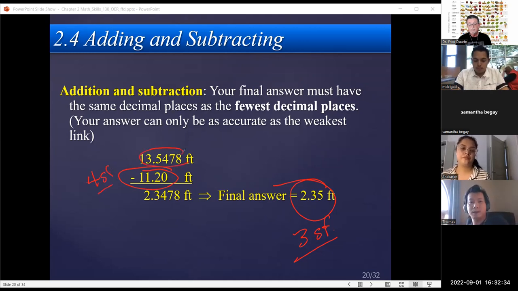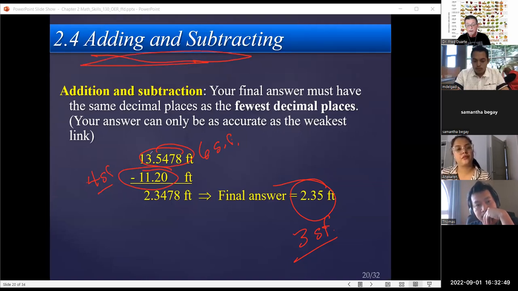And finally, how many sig figs does the 13.5478 have? Isn't that 6? Okay, exactly. So you can see that when it comes to adding and subtracting, sig figs are not a factor. Okay, because your correct answer has 3 sig figs.